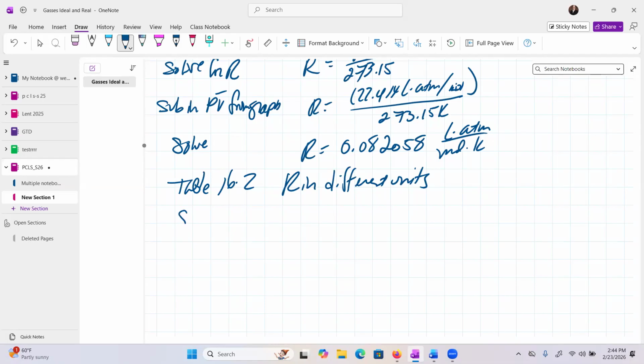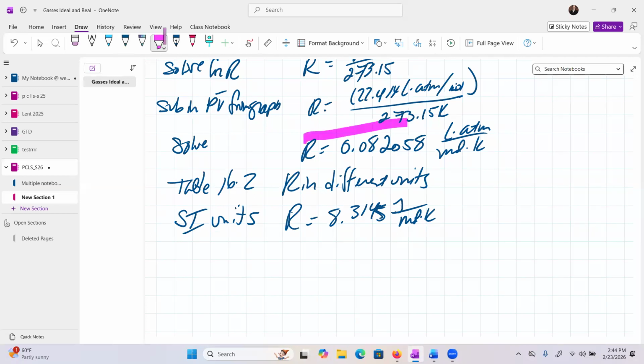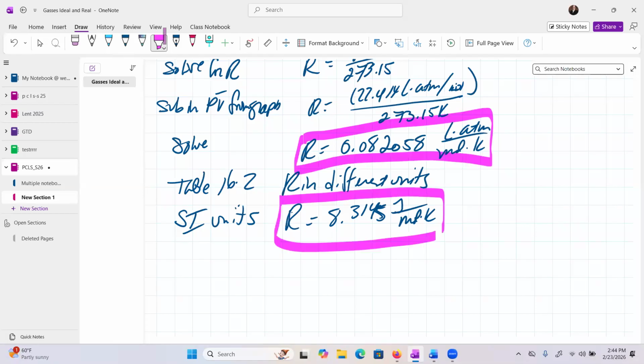The SI units, which is the next most common one that you might use, is R equals 8.3145 joule per mole Kelvin. All right, so those are the two common ones that you might use. Let's just mark those. There, of course, are others, and that's just a conversion, which I will leave for you to take a look at.